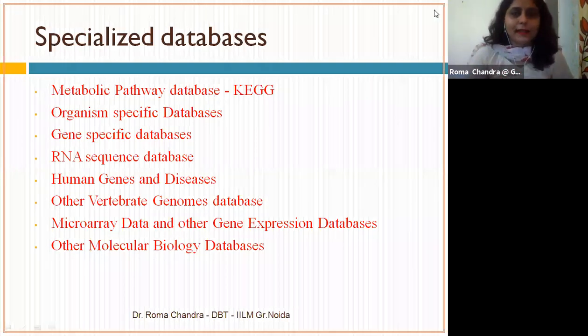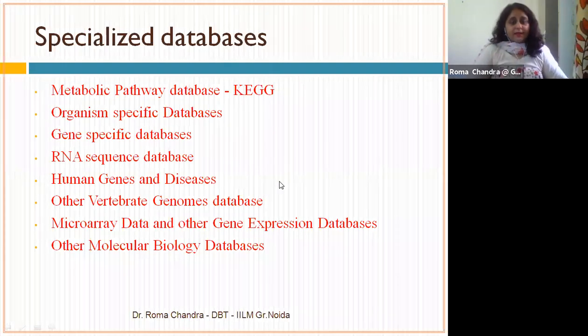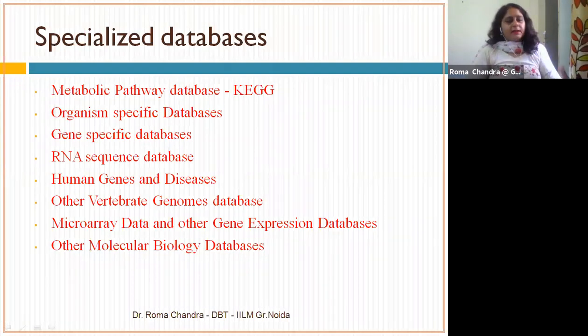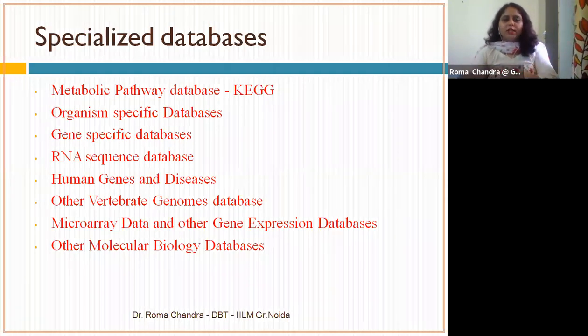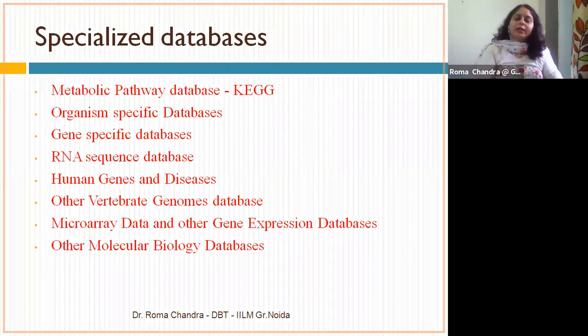The next is specialized types of databases. There is the metabolic pathway database, and there are organism specific, gene specific, RNA specific, human gene and disease specific, and vertebrate genome databases. There are a lot of categories of these specialized databases, because here we are dealing with databases that are beyond nucleotide or protein.